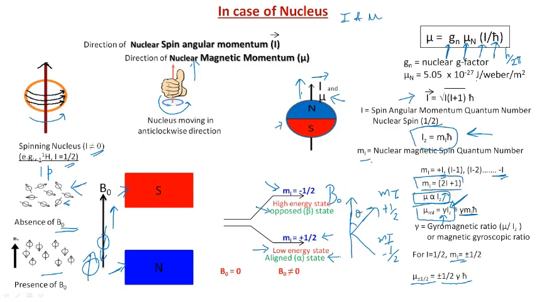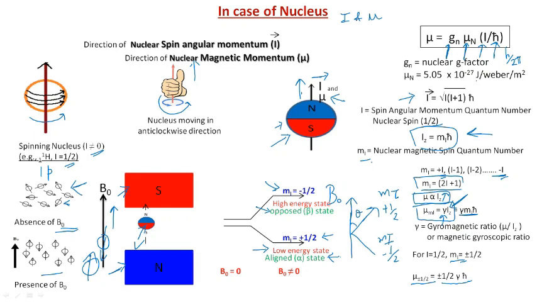If this nucleus or this dipole is placed in the applied magnetic field, then the south pole of this dipole is towards the north pole of the applied magnetic field.